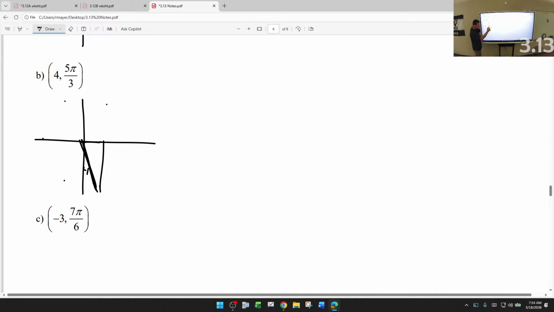This must be 1/3. Sine of π/3 is square root of 3 over 2, but we had to quadruple it. It's square root of 3 over 2, and this is 1/2. This is 1/2, this is square root of 3 over 2, but this is 1.